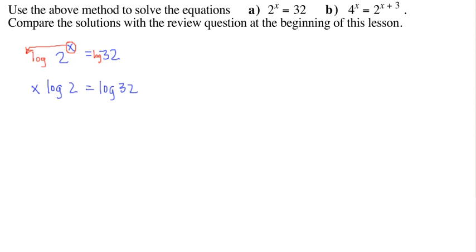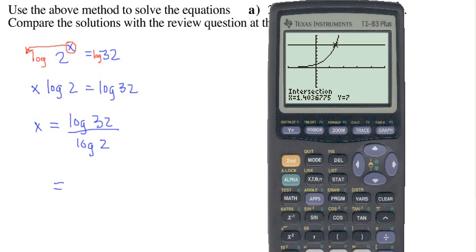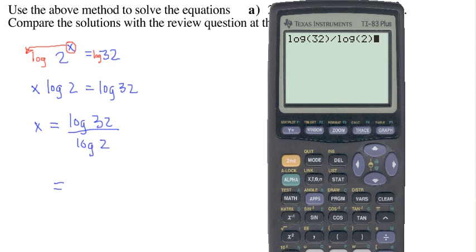Now if you want to solve for x, you just divide by log 2 and you get x equals log 32 divided by log 2. Ta-da, there's your 5.